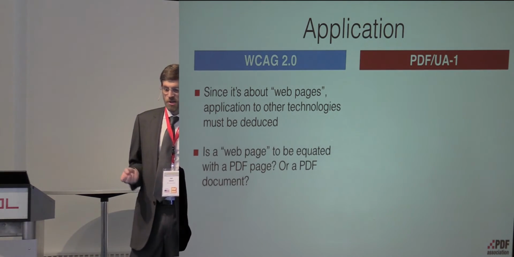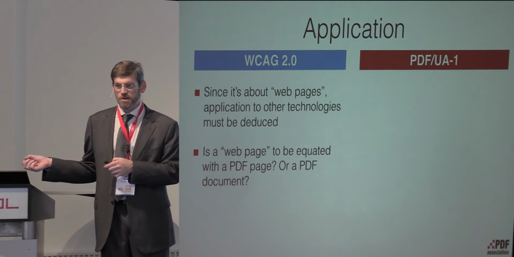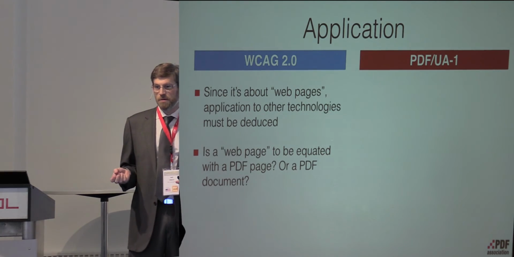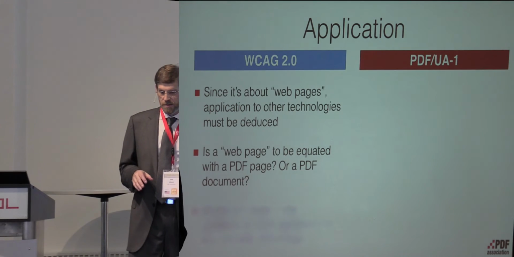So, for example, is a web page the same thing as a page of a PDF file, or is it the same thing as a PDF document? A relatively basic question that WCAG 2.0 does not answer.